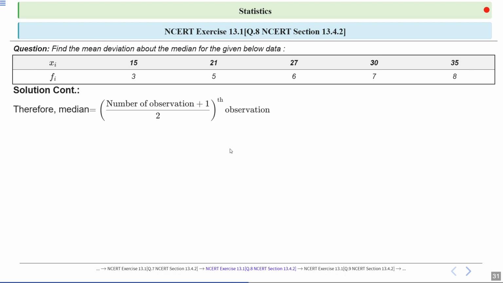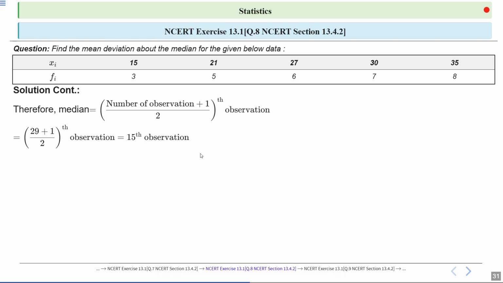Therefore, median is equal to the (n plus 1) by 2th observation. This is equal to (29 plus 1) by 2, which is simply the 15th observation. So the median is the 15th observation.